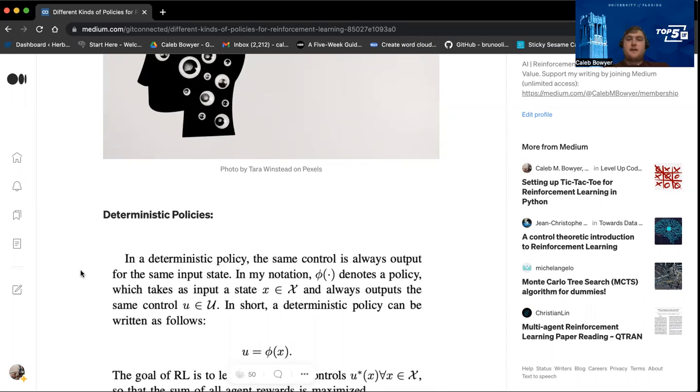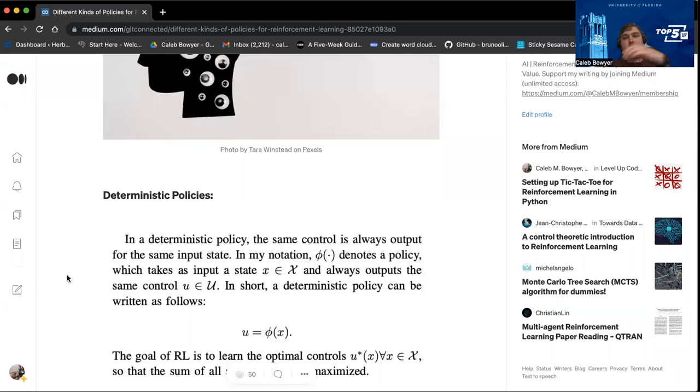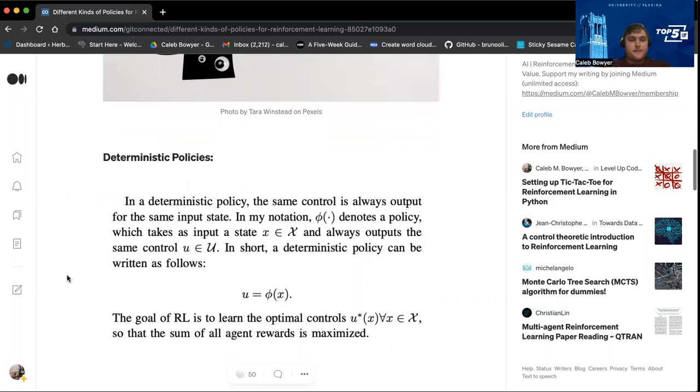But all of the spaces I'll discuss today are particularly for discrete and finite state spaces, no mention of continuous state spaces or continuous controls. Both the state space and the control space we're considering today are finite in nature.